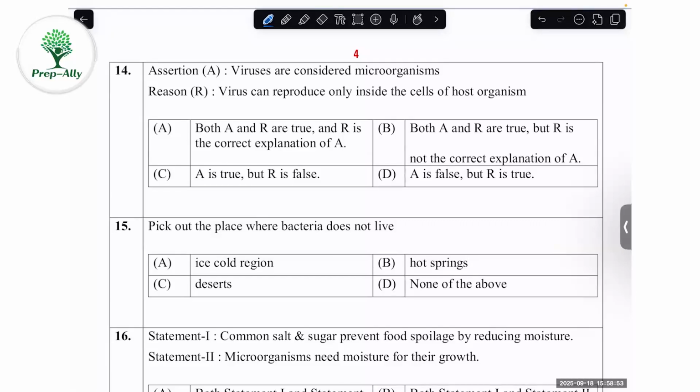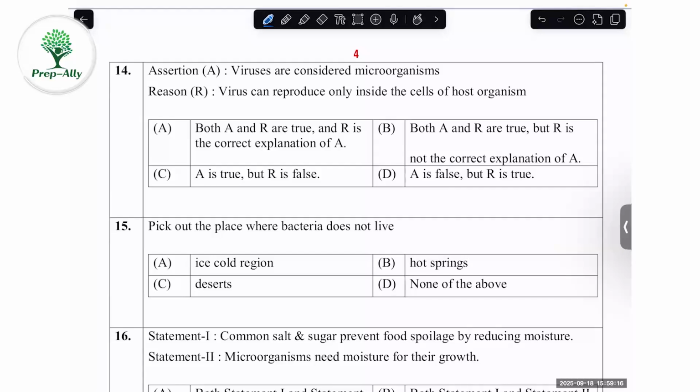That's why a virus is a bridge between living and non-living things. Why? Because it is living, as it reproduces inside the host cell. They are non-living because they are able to crystallize when there is no host.